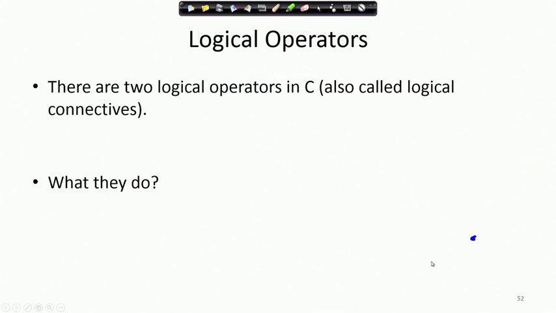So, next class we will start with logical operators. Today we have discussed arithmetic expressions, how arithmetic expressions are formed using arithmetic operators, and the very important thing that we have discussed is the precedence of the operators in an arithmetic expression.